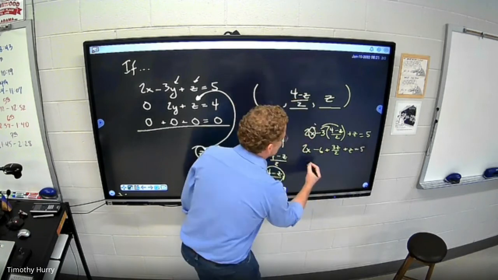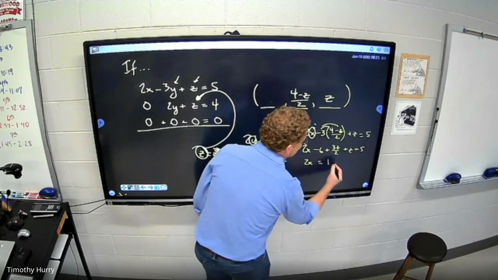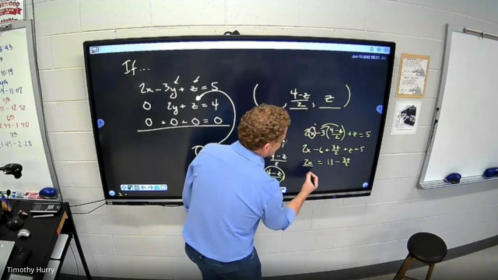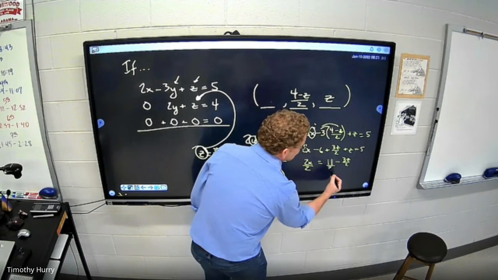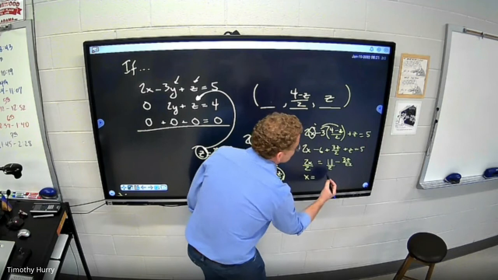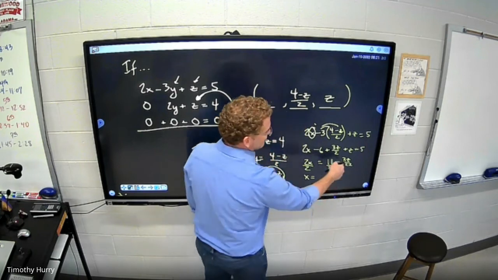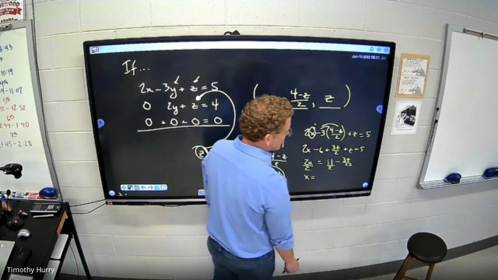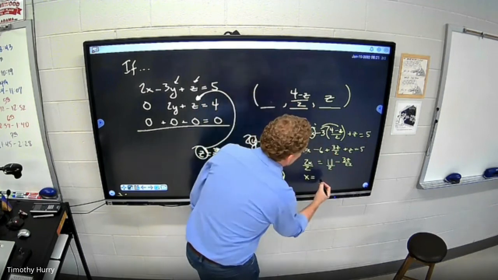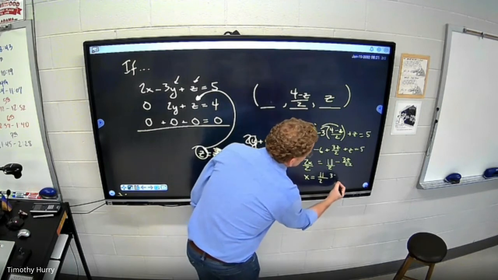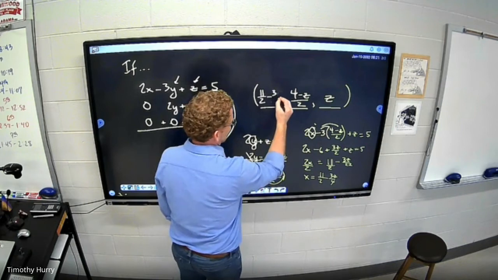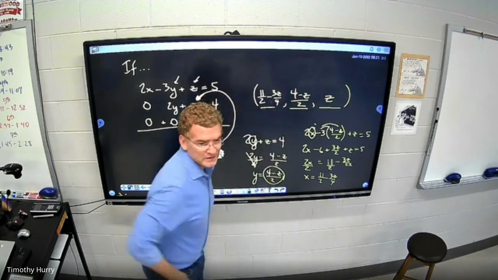So this is a little ugly. You're going to add that 6 to get an 11. You're going to subtract the 3z over 2, and you're going to divide everything by a 2. And dividing by a 2 just puts an extra 2 in the bottom there. So you get 11 halves minus 3z over 4, or you can write it as a fraction like this, but either way, I'm just going to go 11 halves minus 3z over 4. And I usually make the answers here a little bit better looking than this one.